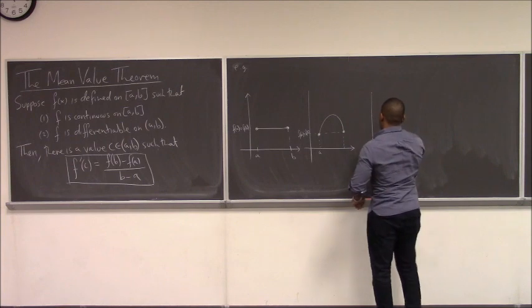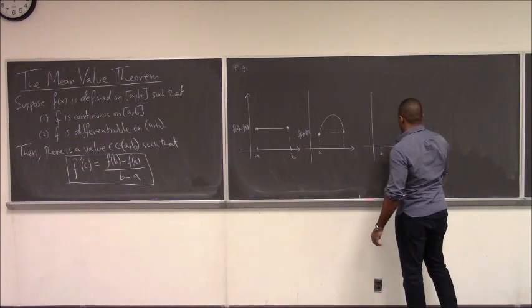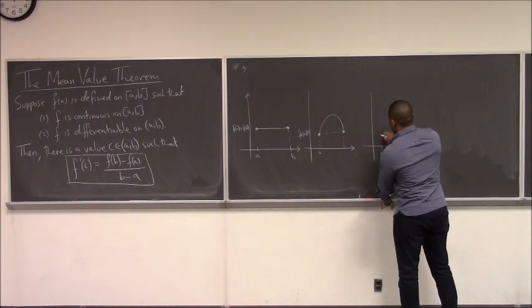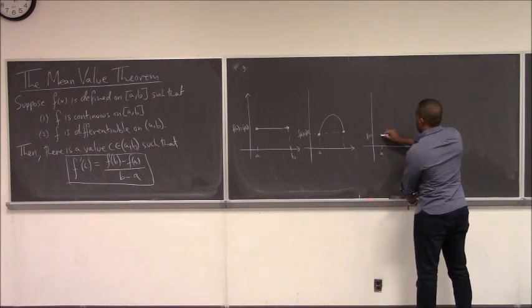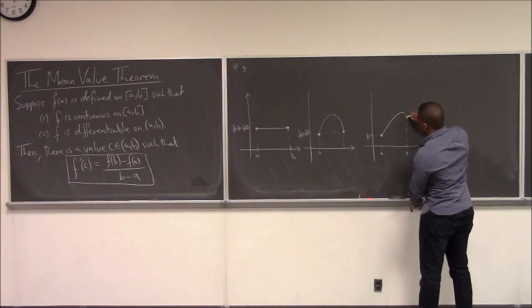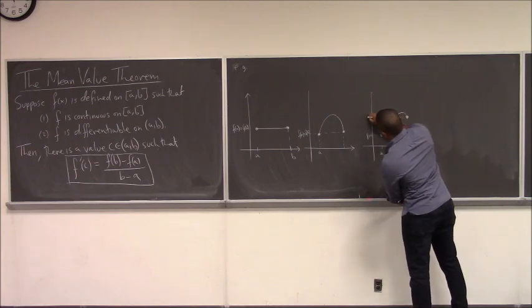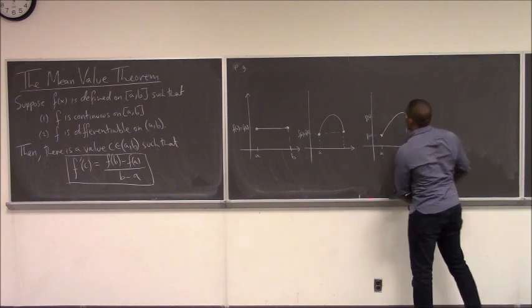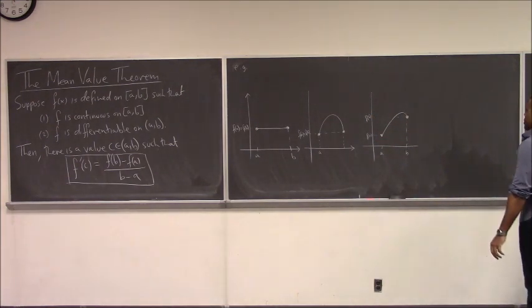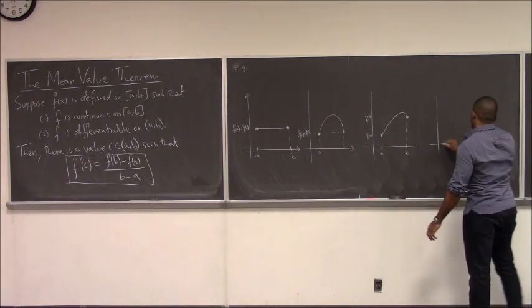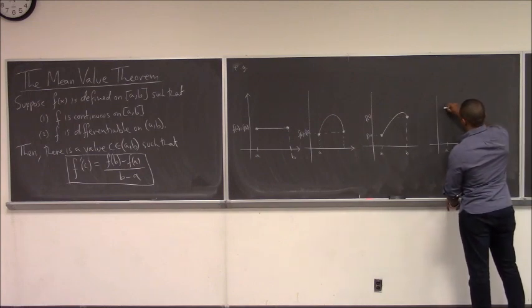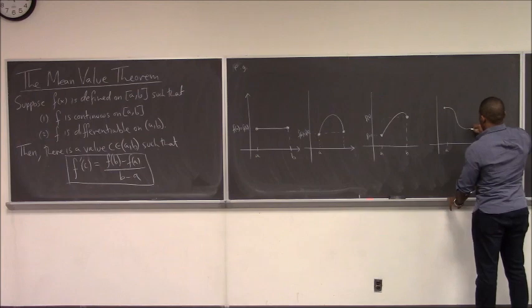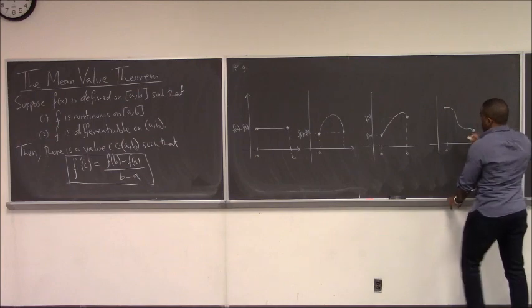But this doesn't need that assumption. I could make it different. Let's say my f of a is here. And my f of b is here. Something like that.